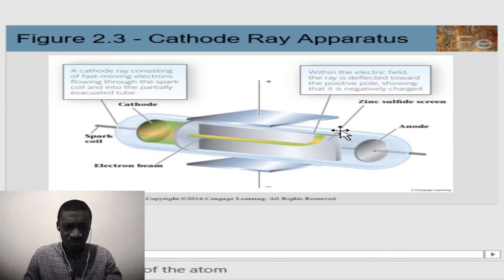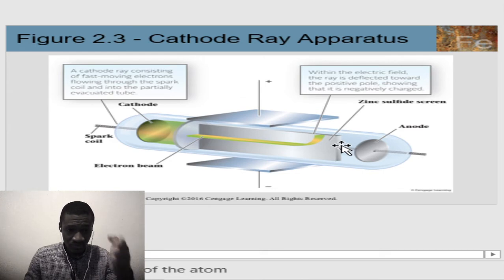And then there's what you have called your zinc sulfide screen, and it's kind of like your detection screen that you use to see the whole flow of the electron and how it bends towards the positive, because it's negative, so it tends towards the positive.